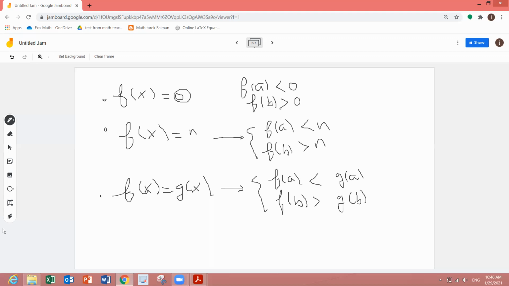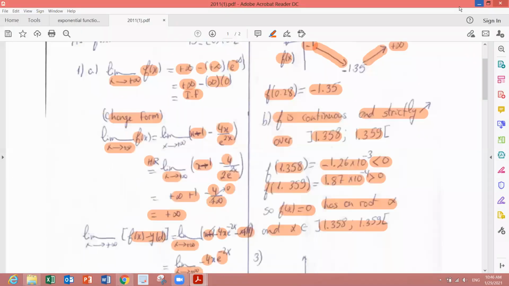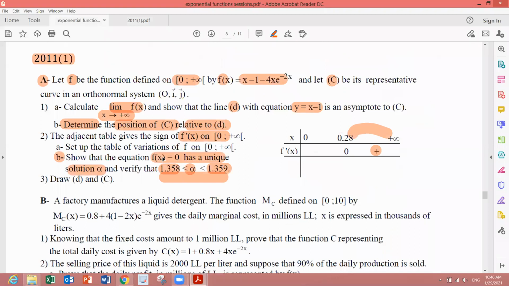Okay, Suzanne? Okay. So you have three cases. If f(x) equals 0, you compare it with 0. If f(x) equals n, you compare it with n. If f(x) equals g(x), you compare f(a) with g(a) and f(b) with g(b). In this exercise, show that the equation f(x) equals 0, so we find f of a and f of b and we compare it with 0.